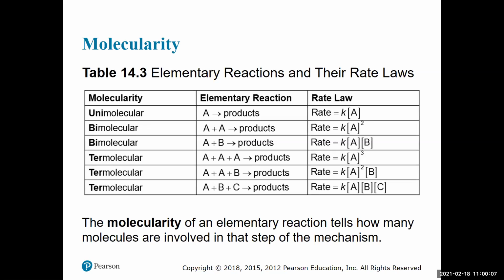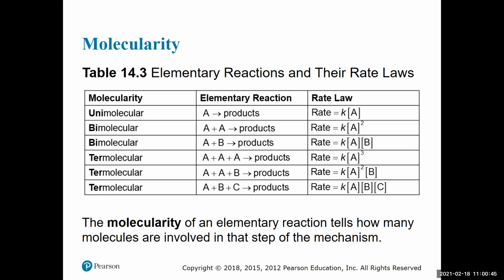One could be two of the same molecules reacting together to form some product, and the other would be two different molecules reacting together to form a product. For these two, we have rate laws over here. The rate law for unimolecular is k times [A]. For the first bimolecular it is k times [A] squared. And the third is k times [A] times [B].